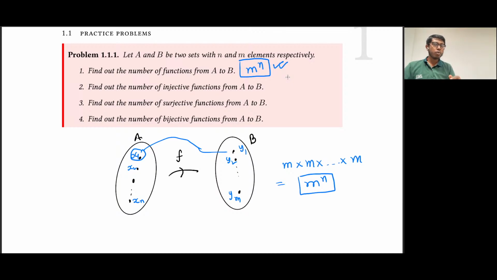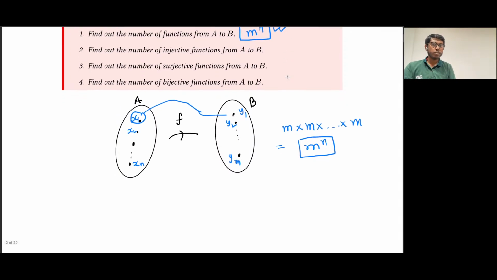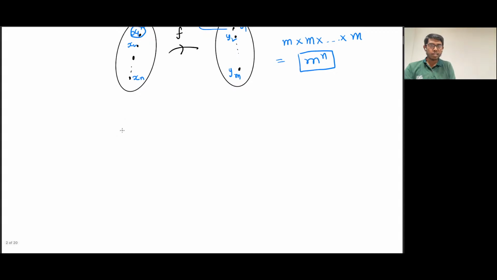So when does an injective function exist? Since we are in the finite set case, A is finite and B is finite.